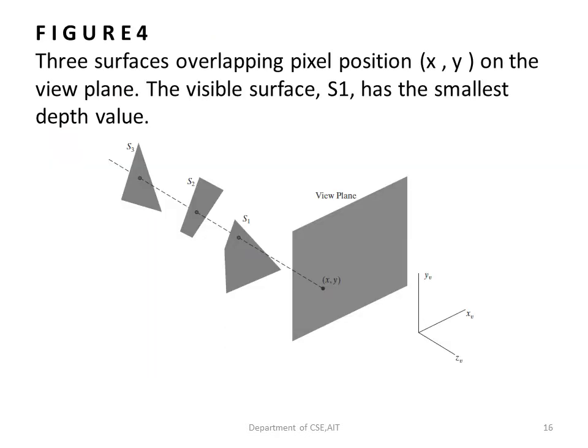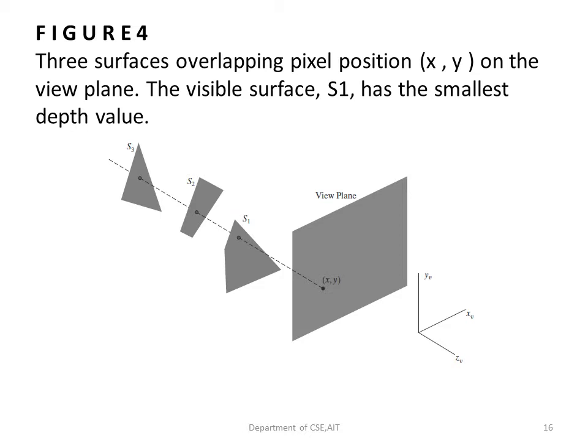To understand the depth buffer algorithm, we can see the illustration given here. We have three surfaces, S1, S2 and S3, and the view plane. The point XY depends on the points on S1, S2 and S3. We can see the shortest distance from a surface to the point XY is from the plane S1.